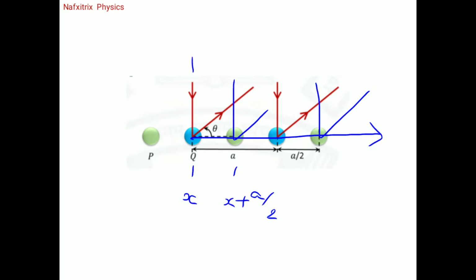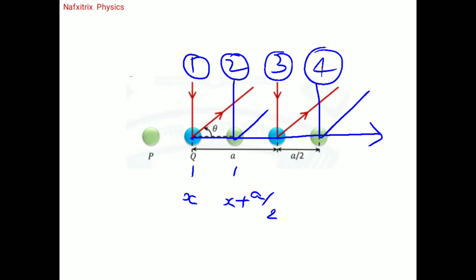Let us give a numbering: first atom, second, third, fourth. We'll take just four atoms, and the numbering would be x plus a, because from here to here the distance is a.